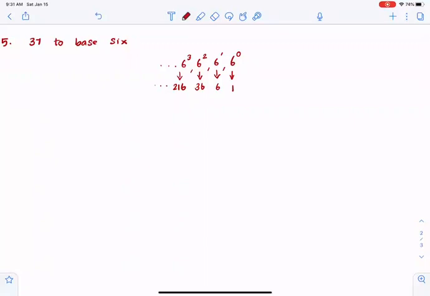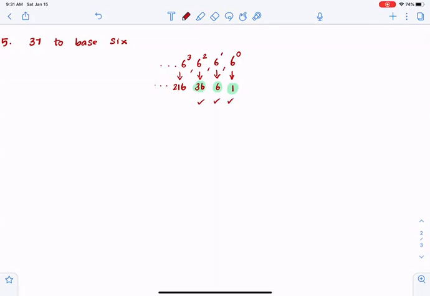So 1 is less than 37. 6 is less than 37. 36 is less than 37. So we can't go past that. So our base 6 number will have 3 digits.